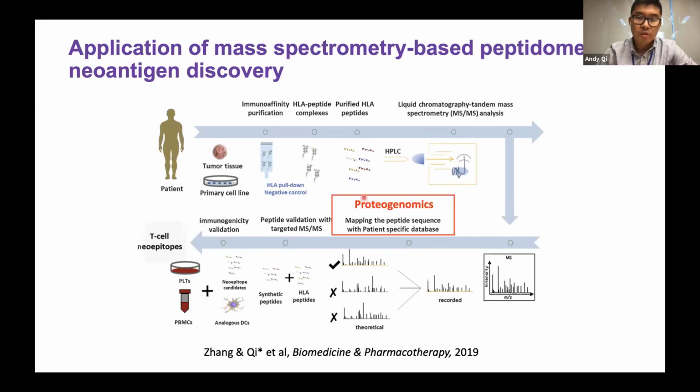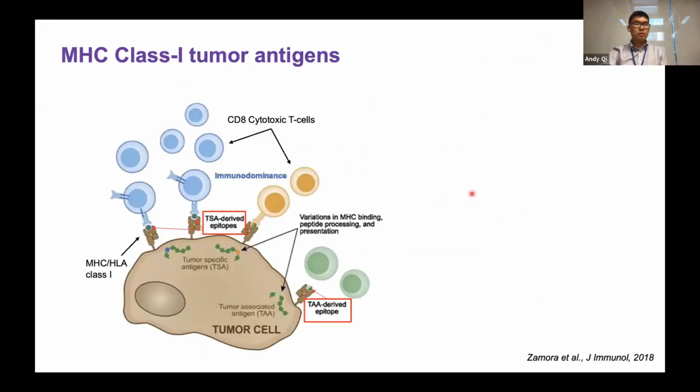But our work currently focuses on the front end. As Dr. Cristina just introduced MHC molecules, our lab currently focuses on MHC class 1, which is a little different from class 2, because class 2 targets CD4 T cells and also has longer epitopes.